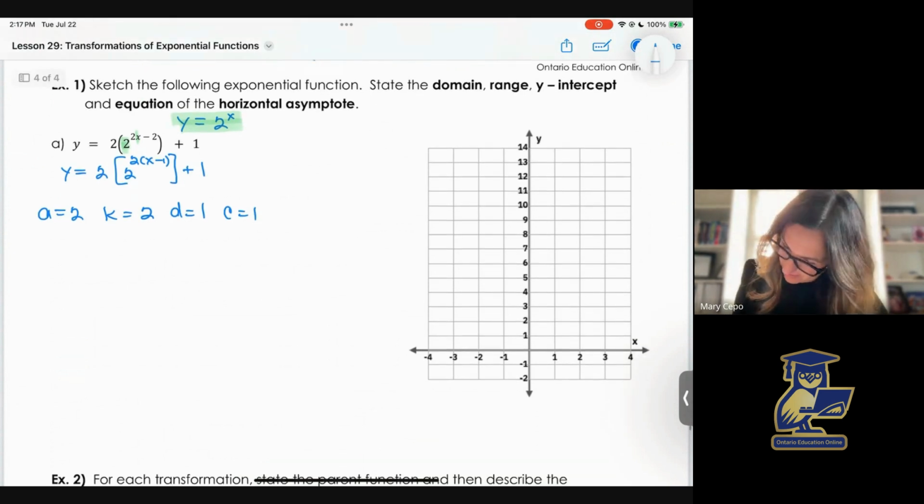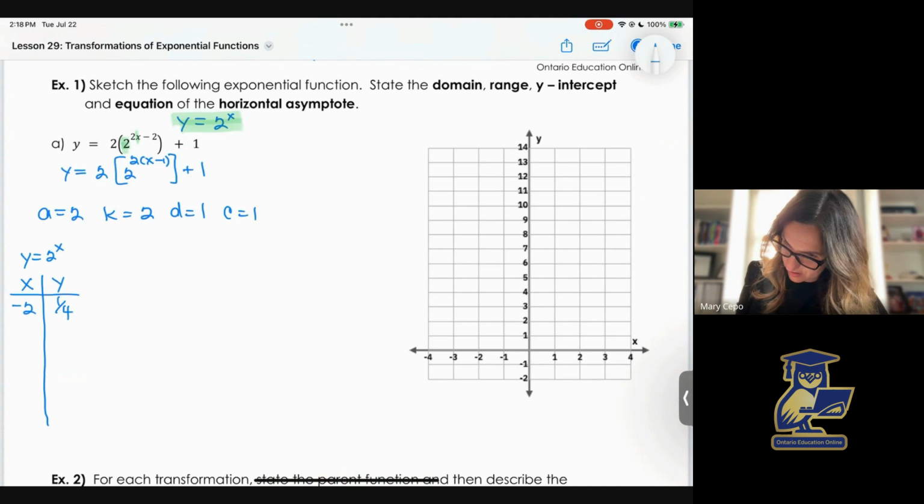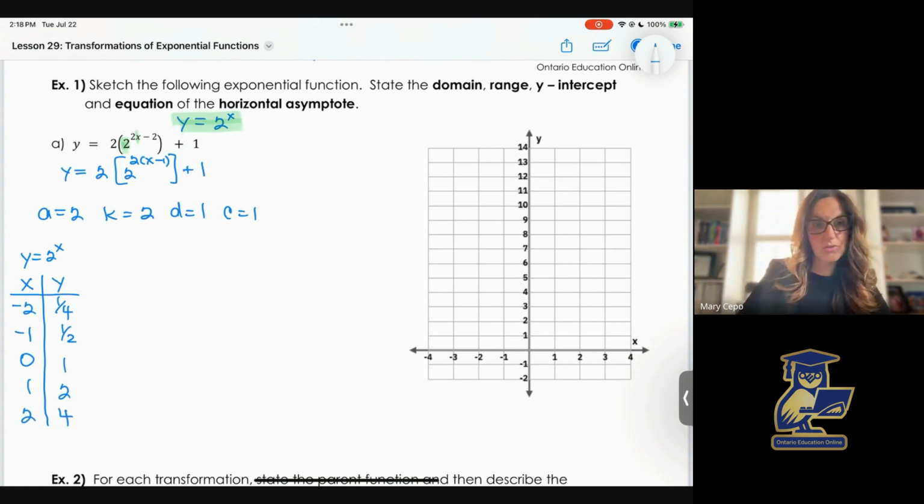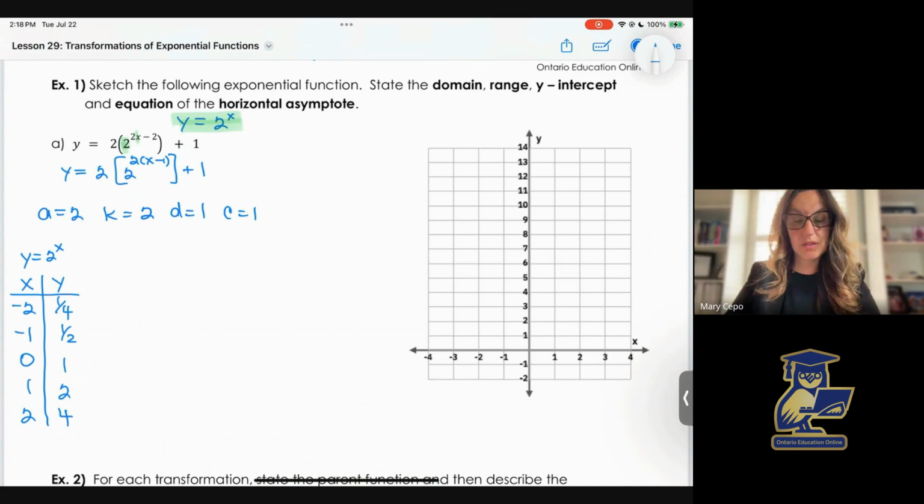Because we know our parent function, we've just used it through the investigation, the x values we usually use are -2, which is 1/4, -1, which is 1/2, 0 is 1, 1 is 2, and 2 is 4. You're just substituting those x values into the function y equals 2 to the power of x, and that's how we get the corresponding y values.